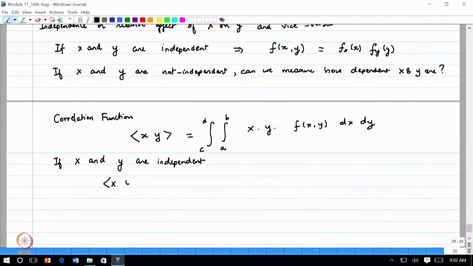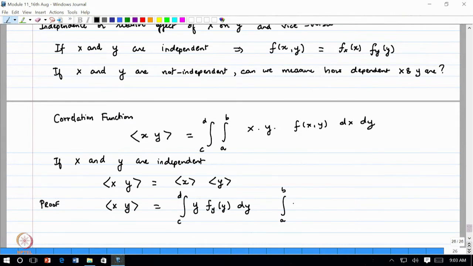then average value of x y can be written as average value of x times average value of y. Okay. So, this is fairly straightforward to show, because average value of x y will be equal to, so the proof here, integral c to d y f y of y dy and integral a to b x f x of x dx.